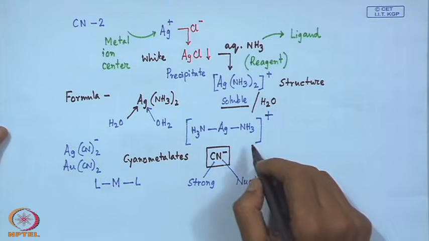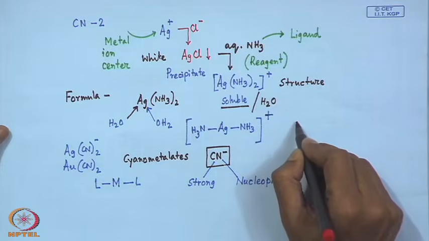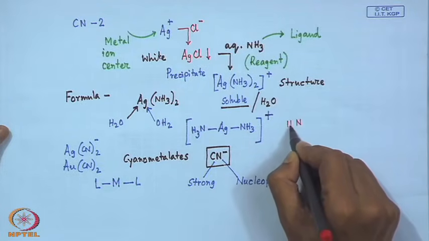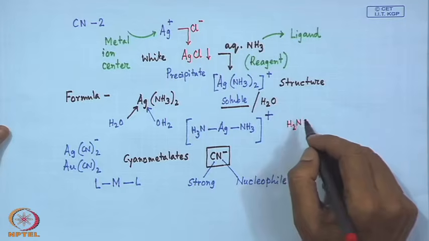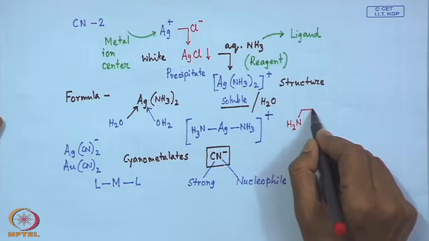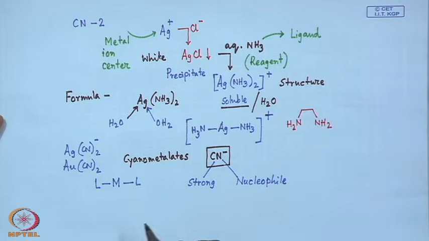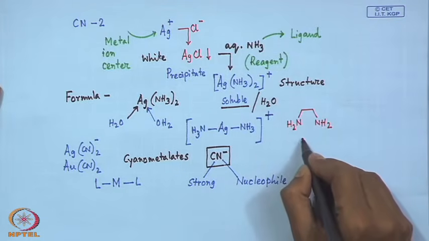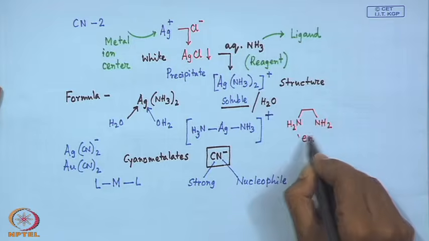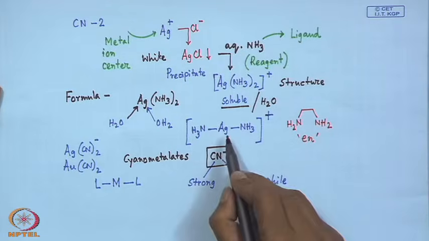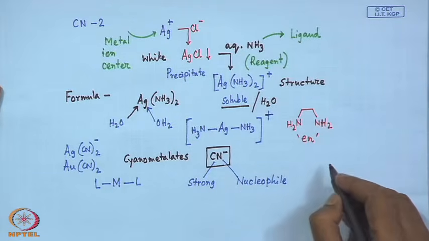Whenever we talk about coordination from ammonia or cyanide, we can have some important information at the same time. Suppose we have, instead of ammonia, an ammonia-like ligand, an organic molecule like the bidentate chelating ligand ethylene diamine. How can ethylene diamine react with silver 1 or gold 1?